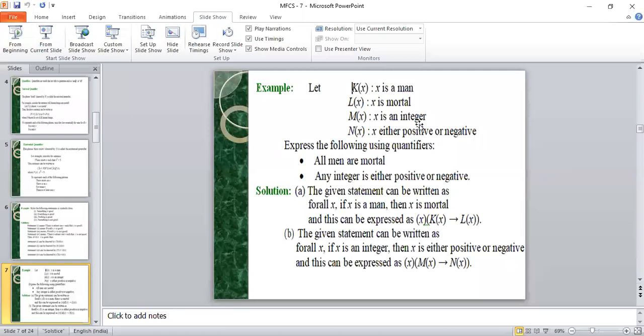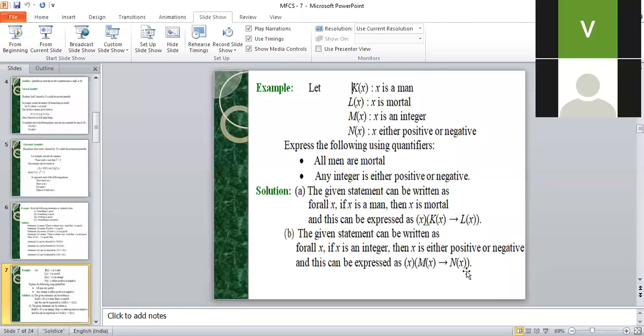So x అనేది integer అయితే then it is either positive or negative. Either positive or negative ఎలా denote చేస్తున్నాము? N of x. So for all x, if x is an integer, then x is either positive or negative.